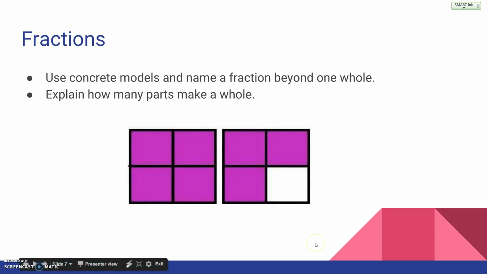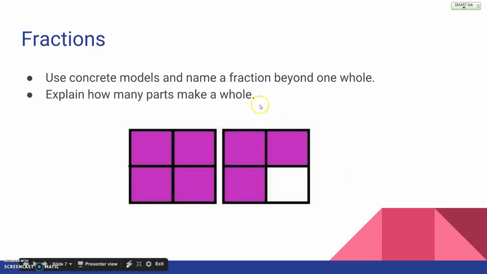In 2nd grade, they use concrete models and they start naming fractions that go beyond one whole. And again, they're having to explain how many parts make a whole. Here, I want to caution you about using the phrase, how many pieces altogether. A lot of times when we're talking about fractions and the denominator, we tell students to count how many there are altogether, and that is the denominator.